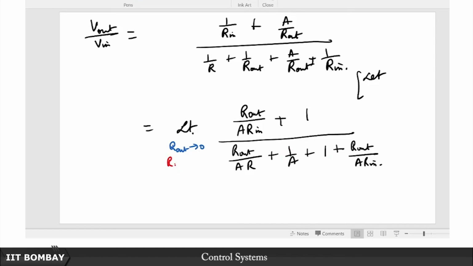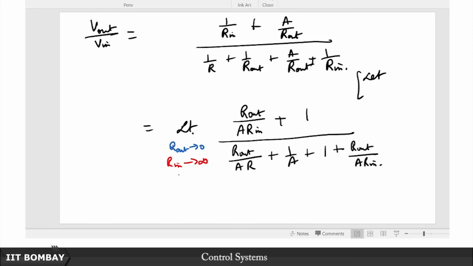Then consider R in tends to infinity. Once again this term vanishes and this term vanishes, but you are still left with 1 here, 1 by A here and R out by A R here, still a far cry from the ideal characteristic, which is unit gain.